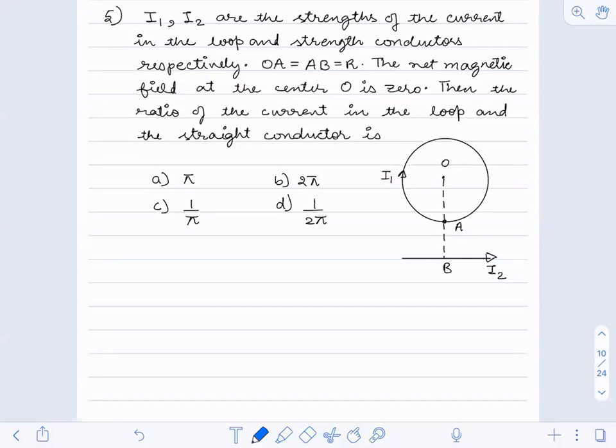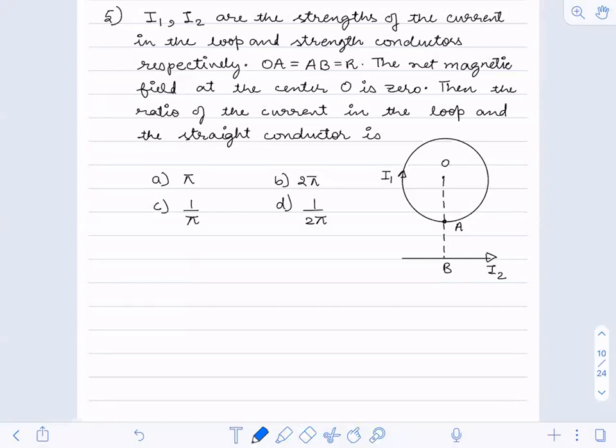Now OA is given as R, AB is given as R. The net magnetic field at the center O is 0. Then the ratio of current in the loop and the straight conductor is what we have to calculate over here.